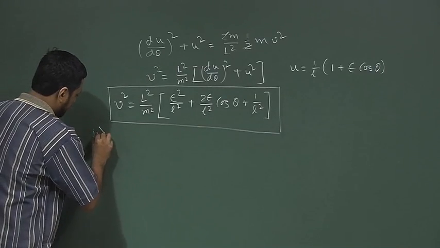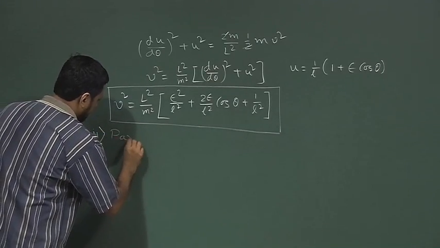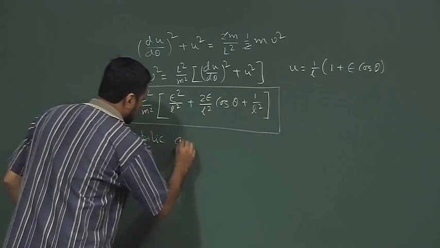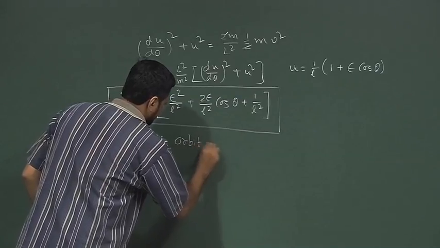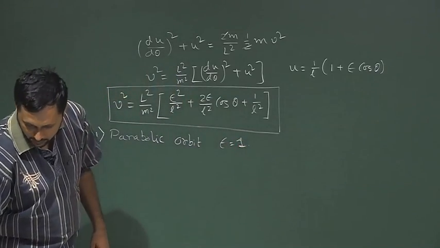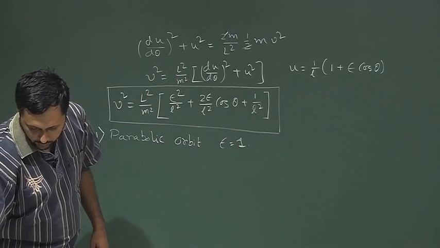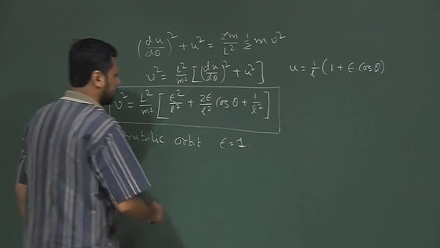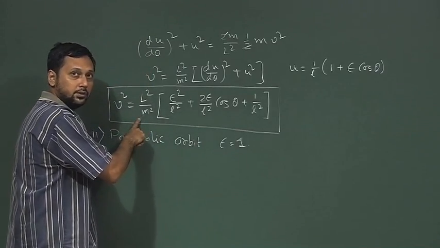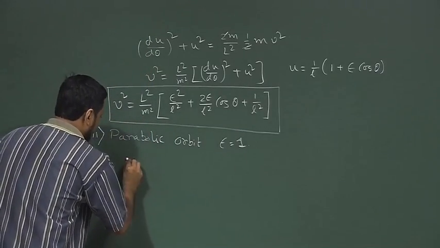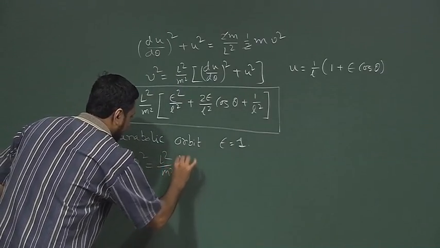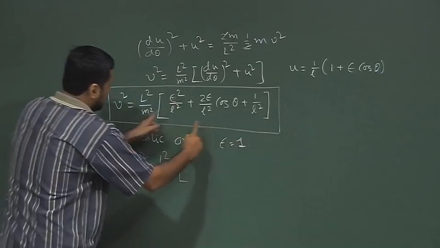So, what happens in a parabolic orbit? We have epsilon equal to 1. Now, if we put epsilon equal to 1 into this expression, then we see that v² is equal to L²/m².